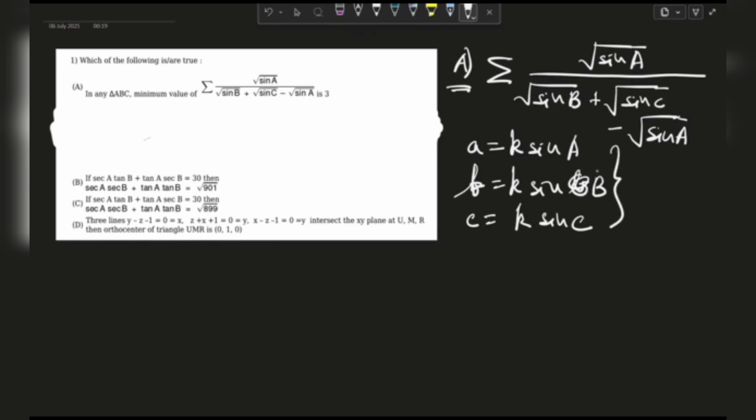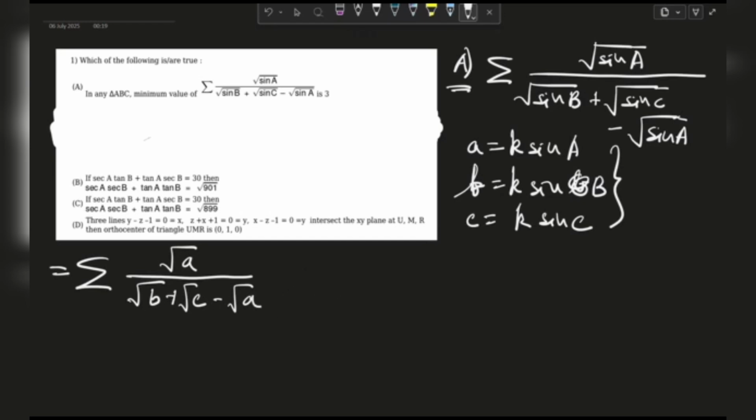Now if we substitute sine A as a by k, sine B as b by k, sine C as c by k, we will have root k's all over, and they will get cancelled between numerator and denominator. So we will be left with sigma root a by root b plus root c minus root a.